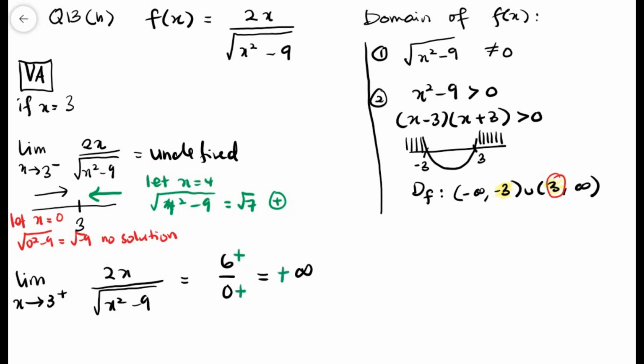So hence, when at least one side of the limit as x approaches the value is positive or negative infinity, you can give the conclusion. Therefore, x equal to 3 is also a vertical asymptote.